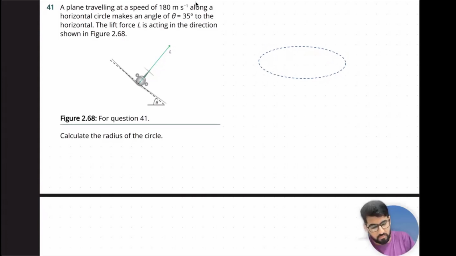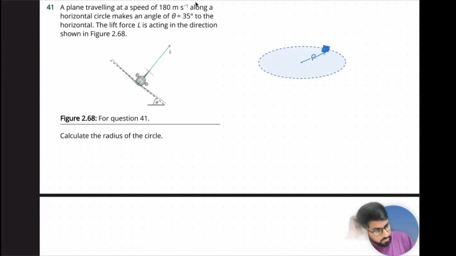Try to imagine it in 3D. This is the front part and this is the back part. The plane is at one point during this curve. This is my plane and this is the radius r. This is what I need to find.